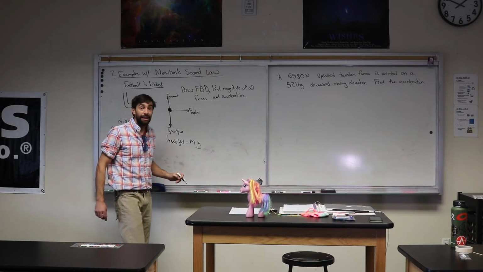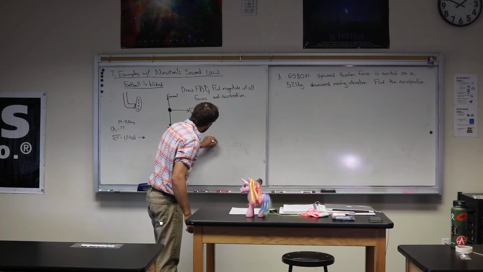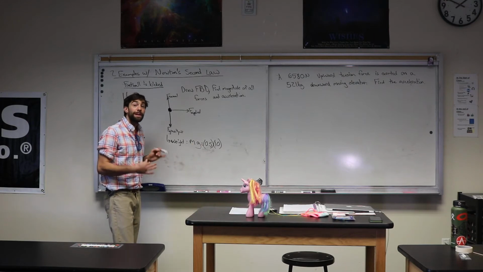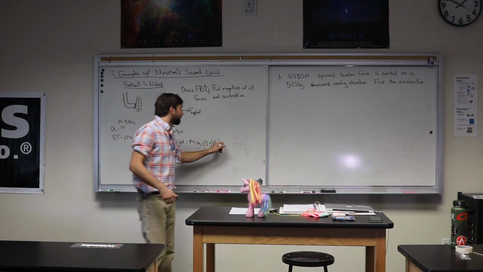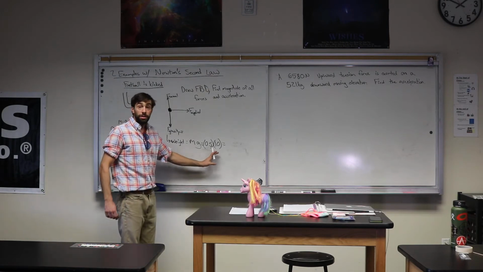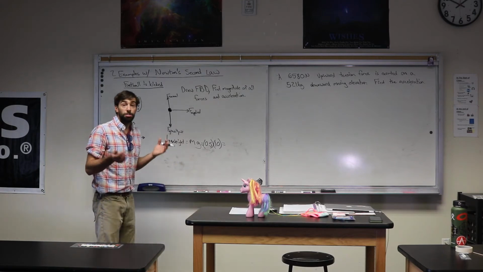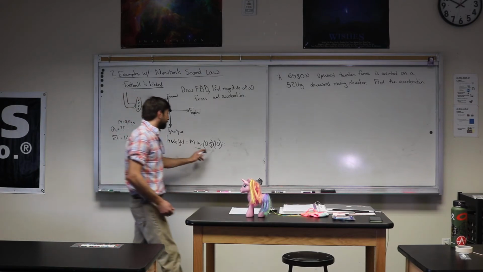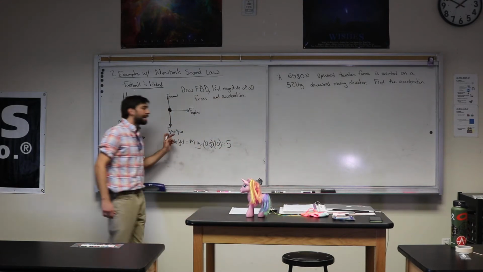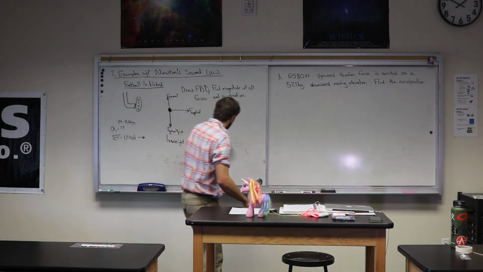Gravity is 10, so 0.5 times 10. Sometimes I don't put units in my equations because I know that as long as I'm putting in kilograms and the standard unit of acceleration due to gravity, I'm going to get the right units at the end. 0.5 times 10 is 5, and for any force, our unit should be newtons.